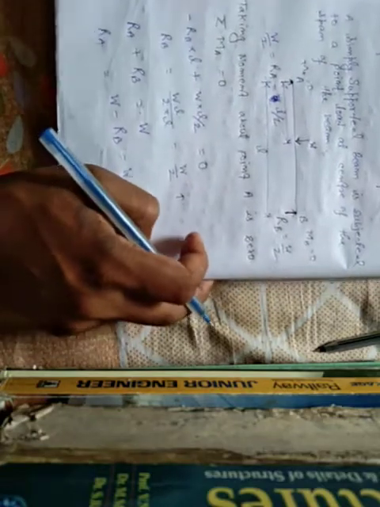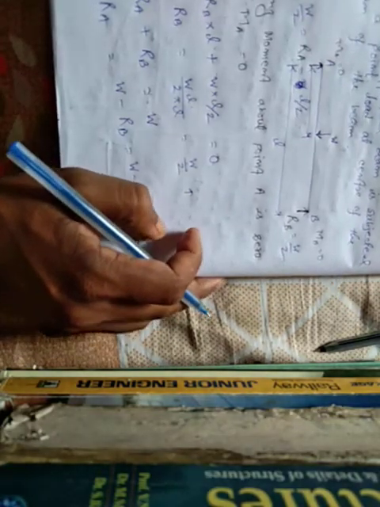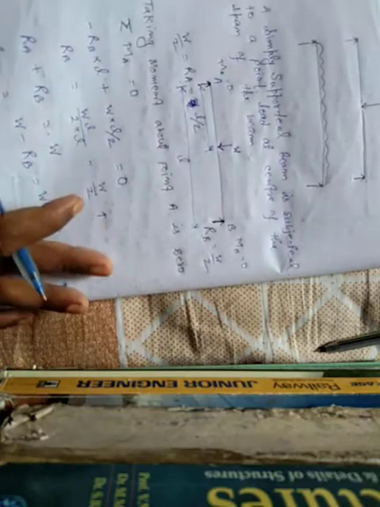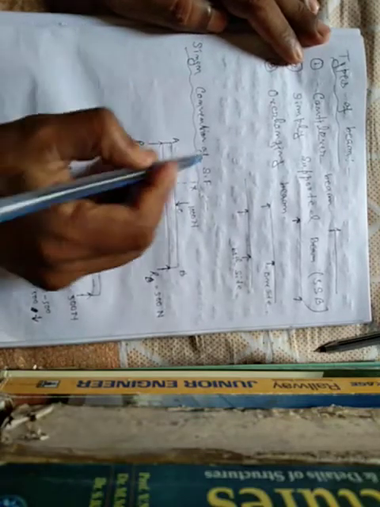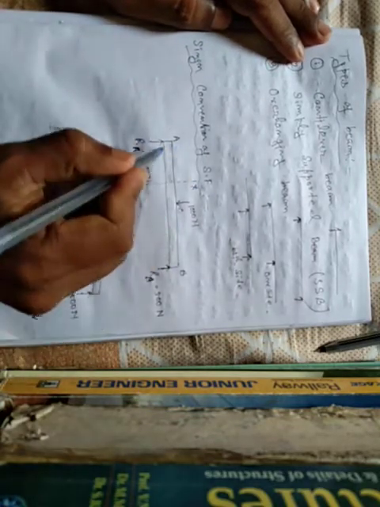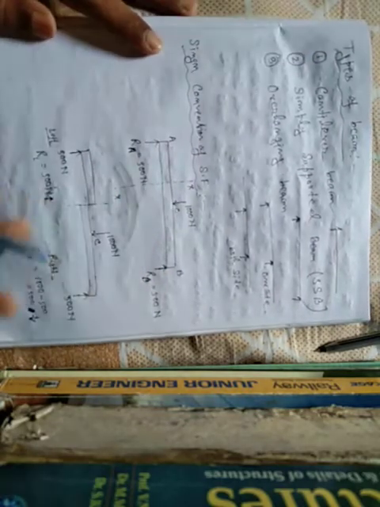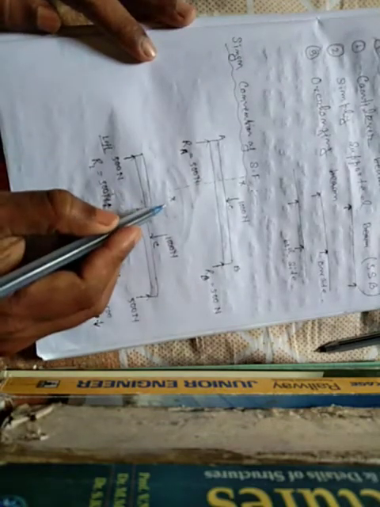Now find the shear force and bending moment diagram. Let me give a brief review of the sign convention of shear force and bending moment diagram. Here you can see the sign convention for shear force. We consider a simply supported beam subjected to a point load at center C. We consider a section XX.